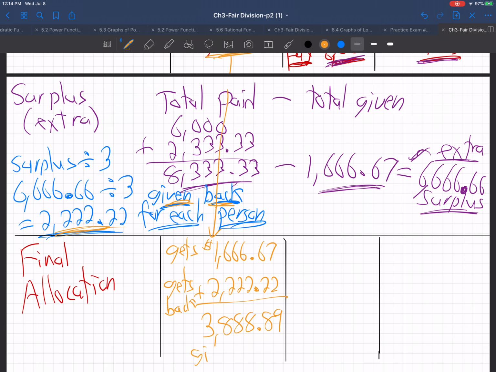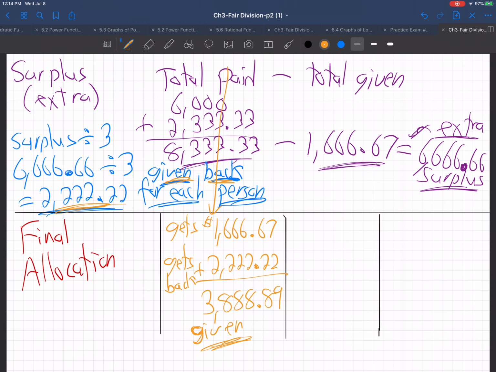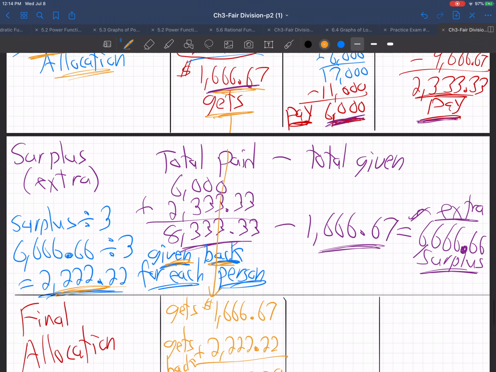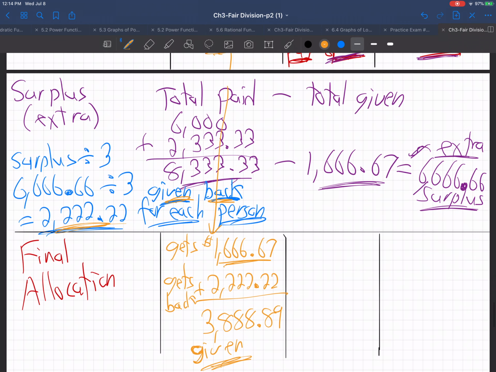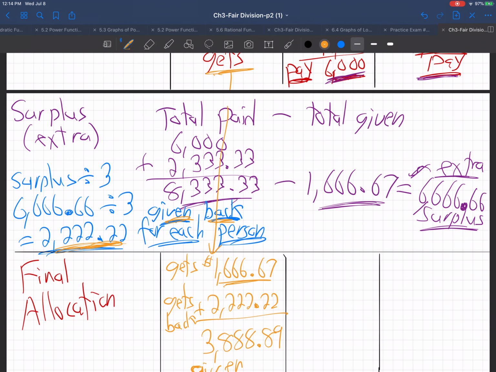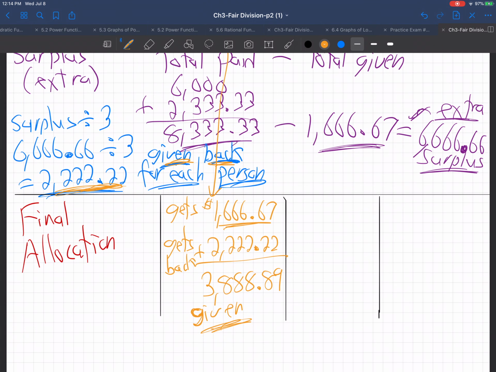That's the total amount of money given to Abby. I think they want us to round that to the nearest dollar, so that'd be $3,889, right? $3,888.89 rounds to 3,889.